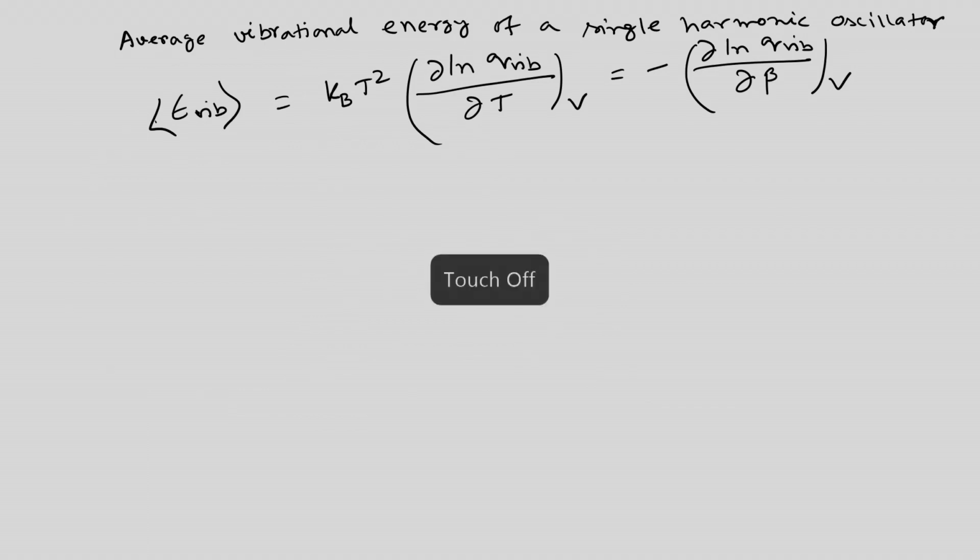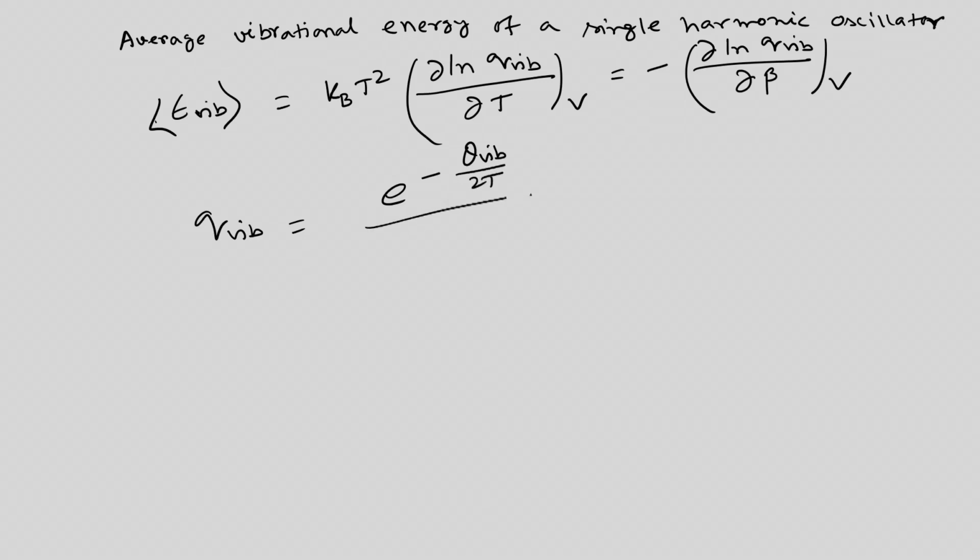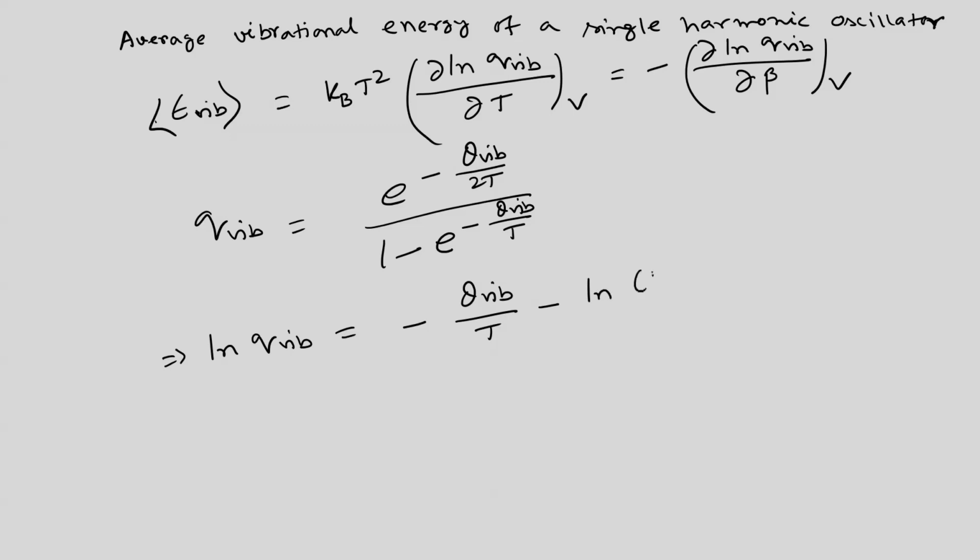Q vibrational is e to the minus theta vibrational by 2T divided by 1 minus e to the minus theta vibrational by T. If we take log on both sides, we get ln q vibrational is minus theta vibrational by 2T minus ln of 1 minus e to the minus theta vibrational by T.